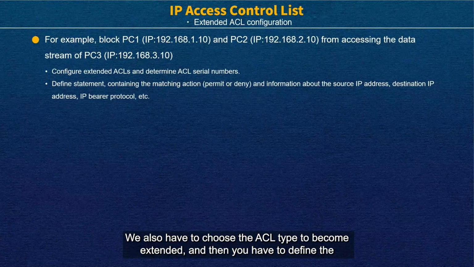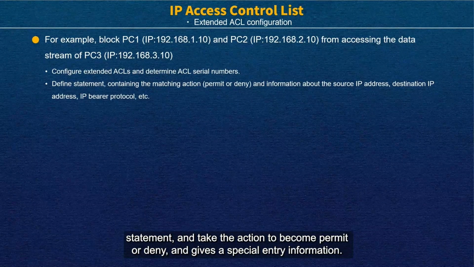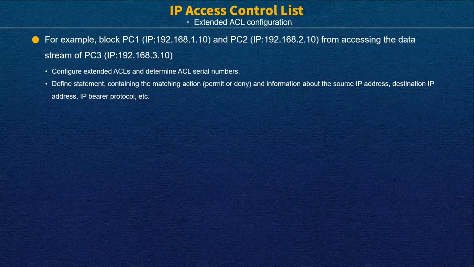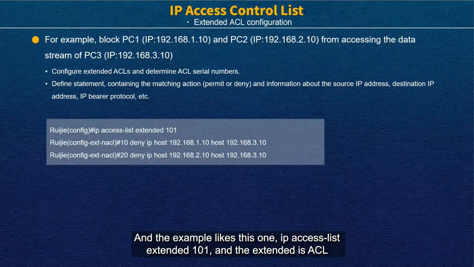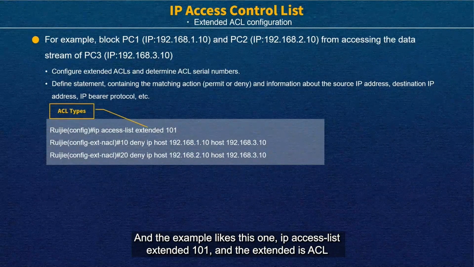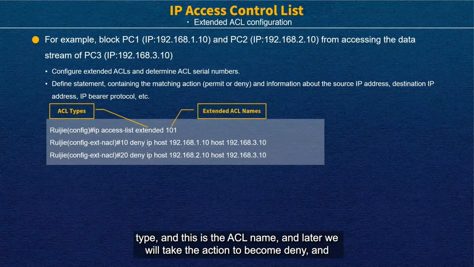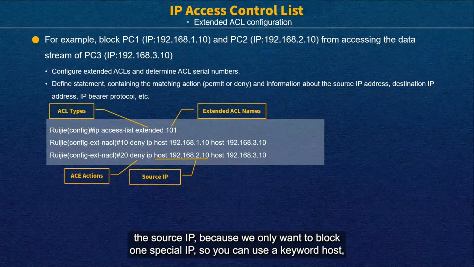We also have to choose the ACL type as extended, and then define the statement and take the action, permit or deny, and give the specific entry information. An example is like this one: IP access-list extended 101, where extended is the ACL type, and 101 is the ACL name. Later we take the action deny, and the source IP.